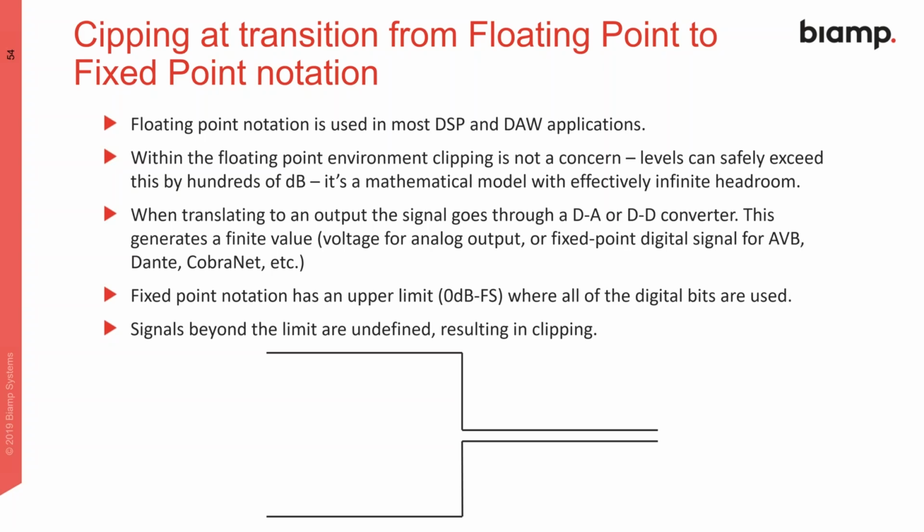Beyond that, we don't have any more digital bits to encode with, and so it becomes undefined and we get clipping. This little drawing at the bottom is a visual representation of the unlimited headroom that we've got in the floating point, but then we have to get it out that little pipe at the end. So if we don't turn our level down to where the amplitude will fit through that pipe, we're going to cut off anything else above and below that. So that would be our clipping.